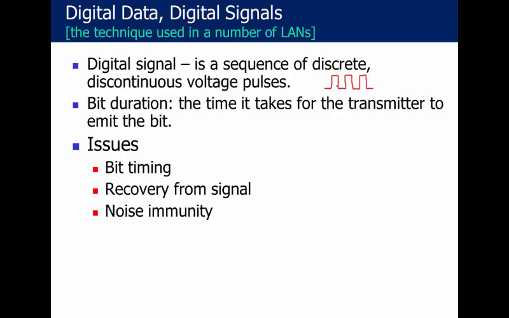We have one high voltage here, and then a low voltage here. And there is also the wavelength from here to there, right? There is one cycle. There's a wavelength.